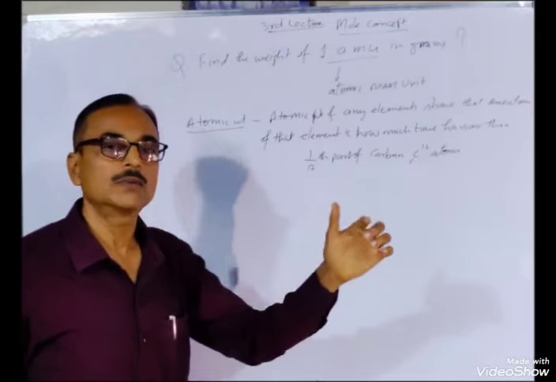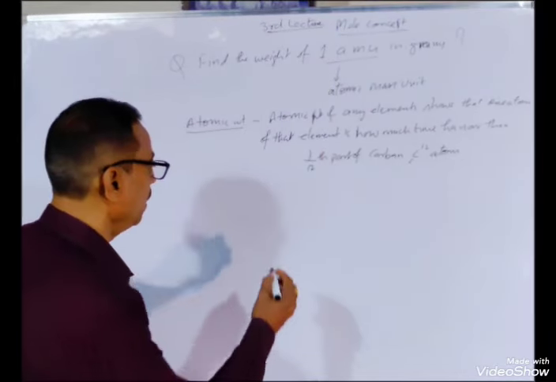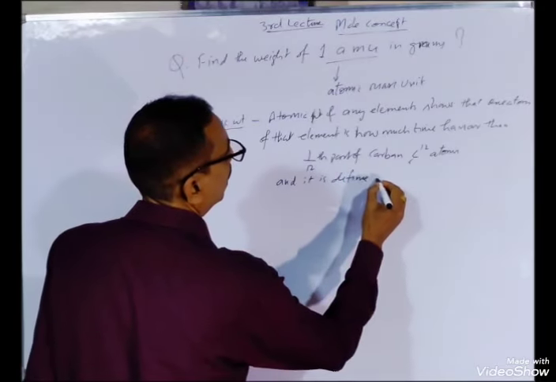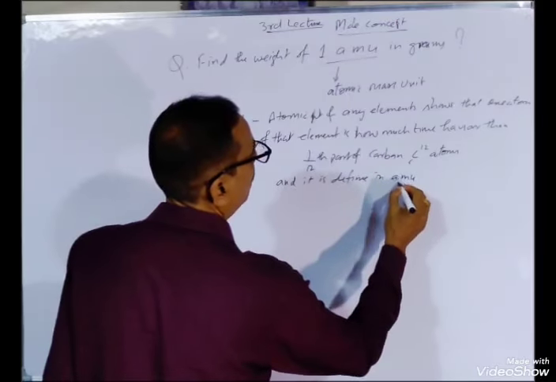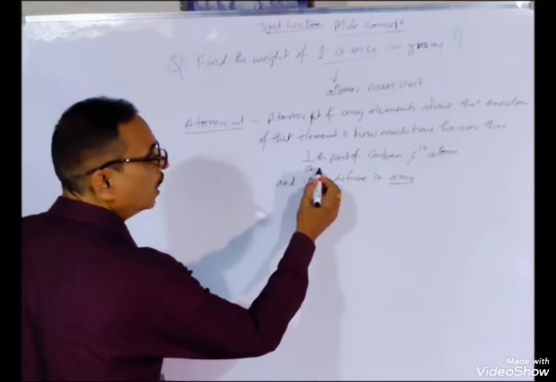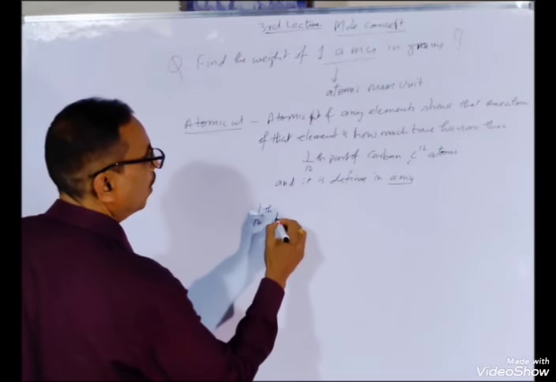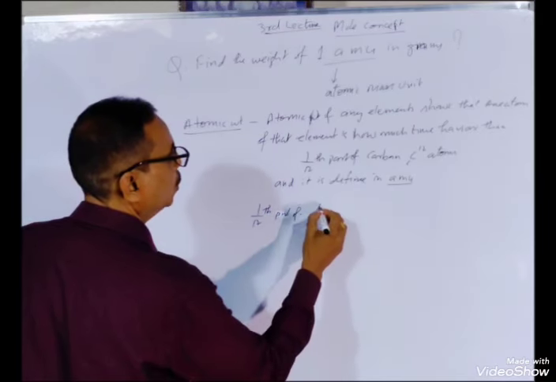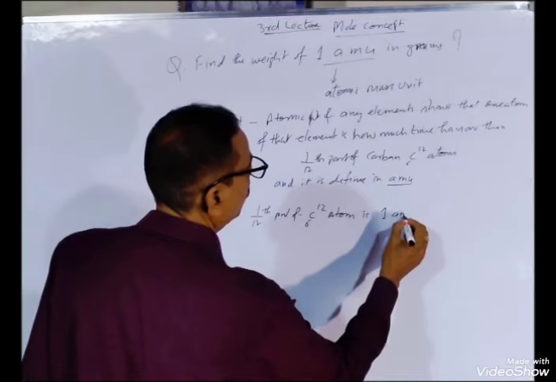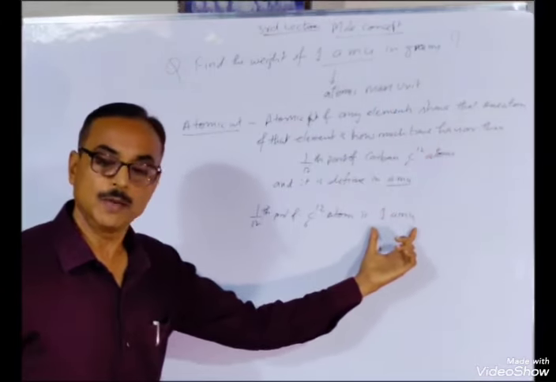How many times heavier it is than one carbon atom: this is the atomic weight, and it is defined in terms of AMU, atomic mass unit. Here one thing is important: the weight of 1/12 part of a carbon-12 atom is 1 AMU, and we find the weight of other elements' atoms in terms of AMU.